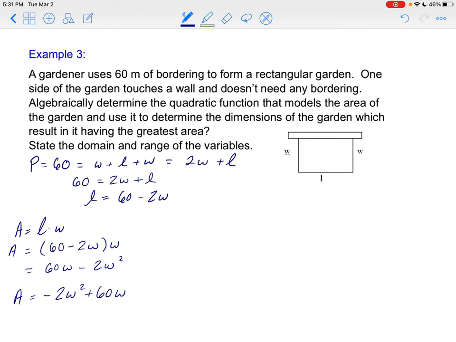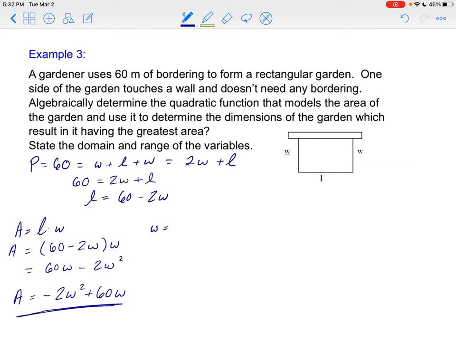So we know we're looking for a maximum, and that agrees with this equation, because this is going to be a quadratic with that shape because our a is negative. So we do have a maximum that occurs at the vertex. So we can find our x-coordinate of the vertex, which for this formula is going to be our width.